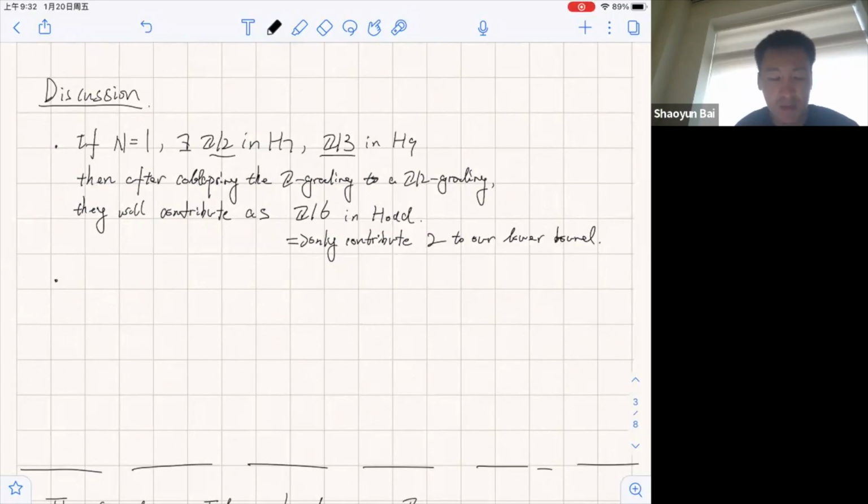Or on the other hand, one could think about whether there are potential counterexamples that tell you that you have to collapse the grading to get a lower bound. So that's one part of the discussion, which is about the collapsing of grading.